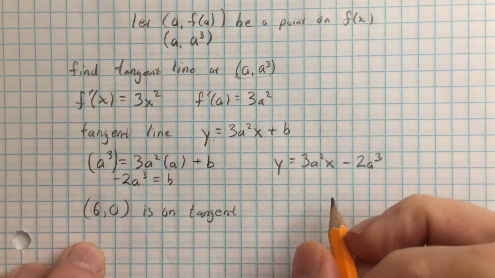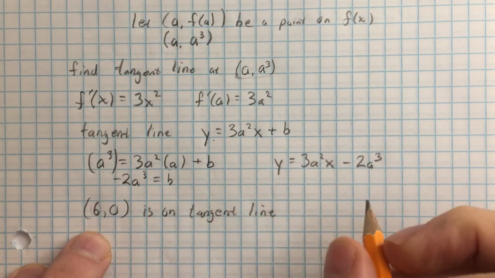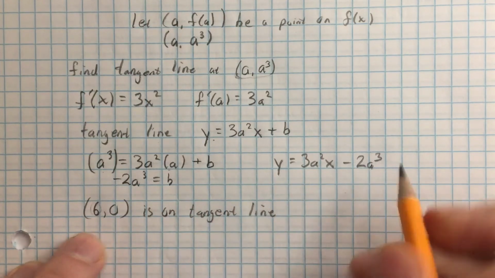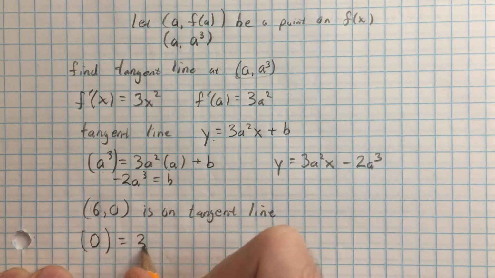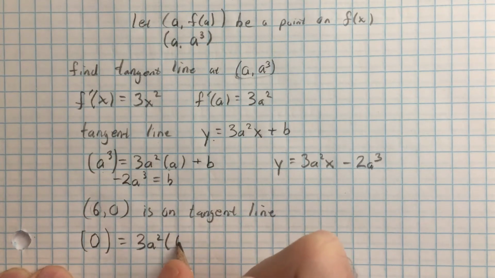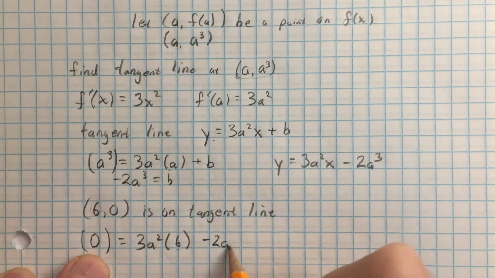That's its x-intercept. Y value is 0, x value is 6. So now if I plug these in here, I'll get 0 for y equals 3a squared times 6 for x, again, this tangent line's x-intercept, minus 2a cubed.